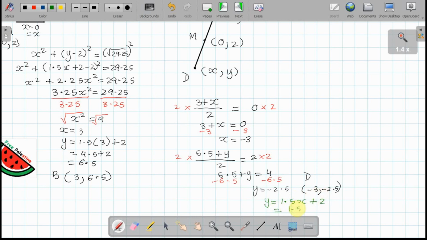So 1.5 times minus 3 plus 2. That's minus 4.5 plus 2, which gives you minus 2.5, the same as this. So finally, the coordinates of B were 3 and 6.5, and the coordinates of D were minus 3, minus 2.5.